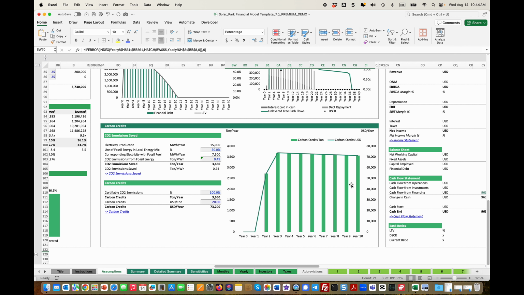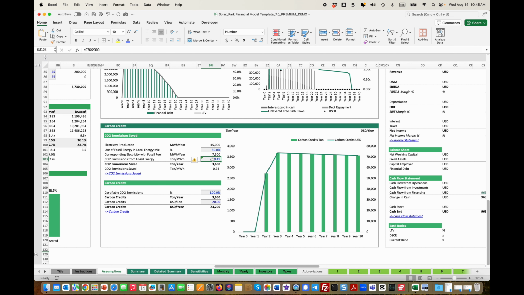Then in terms of the revenues, we said that one option is also to get our park certified for carbon credits. Here there is a simple model added, and basically the question is, if we would have to produce the electricity not via solar but with the standard way of producing electricity, how much fossil fuel is used in the current electricity mix?